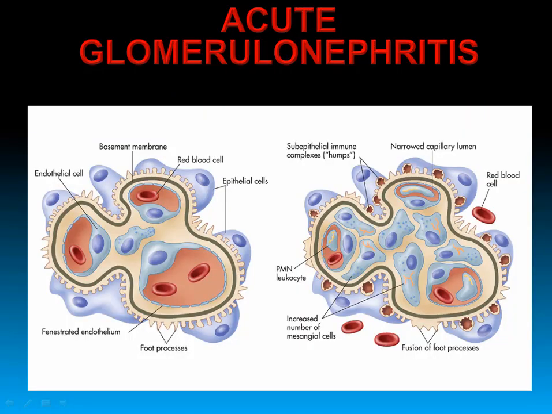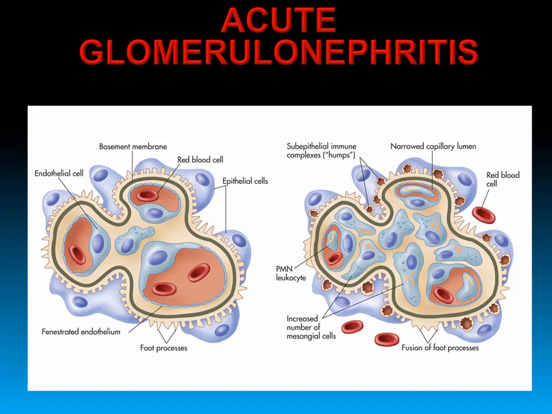We are starting with acute post-streptococcal glomerulonephritis. Usually this type can be found in children, but it is also not a rare disease in adults under 40 years old. Mostly men are affected.